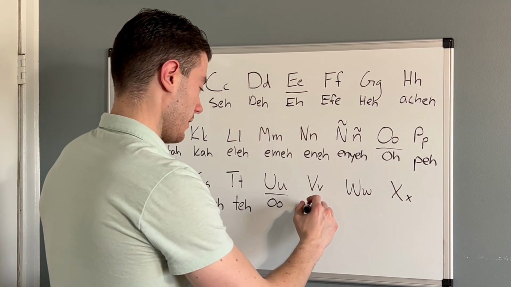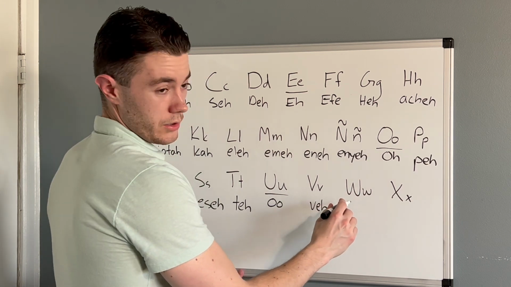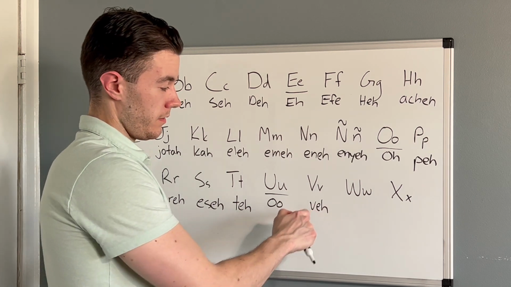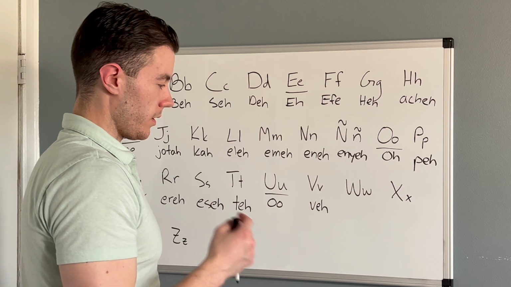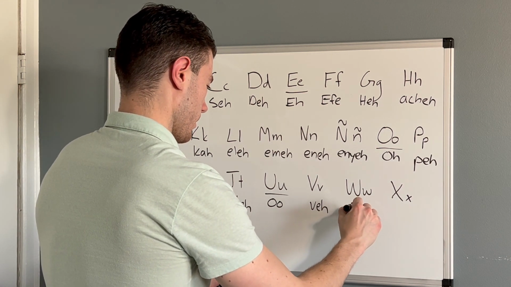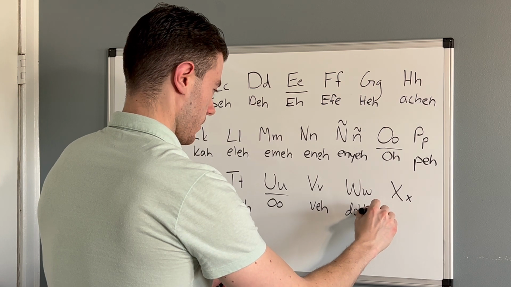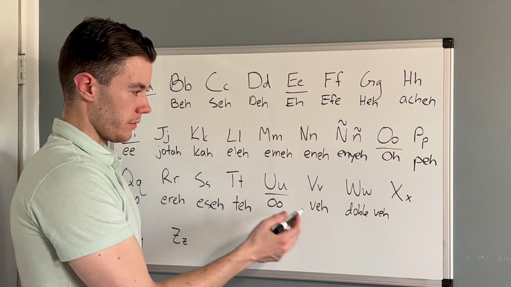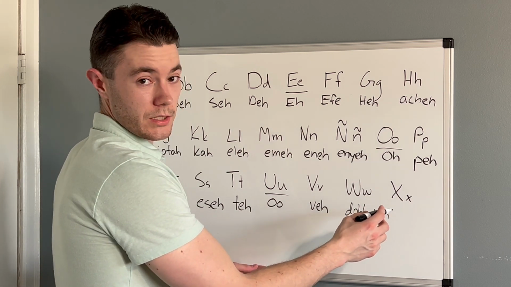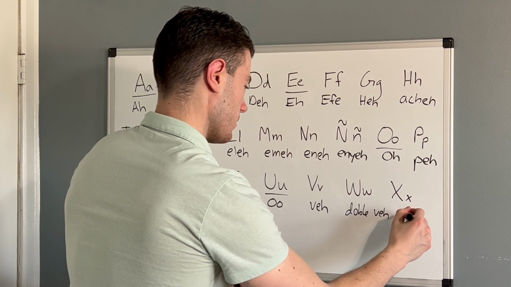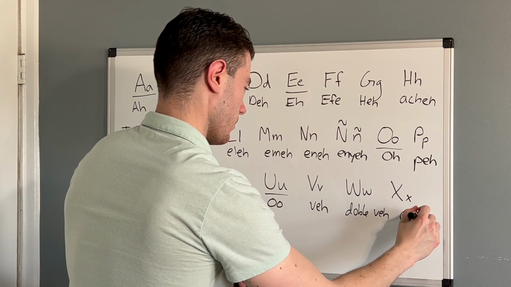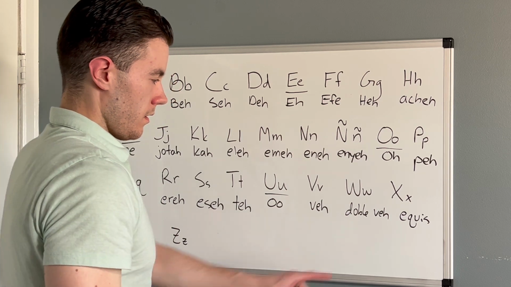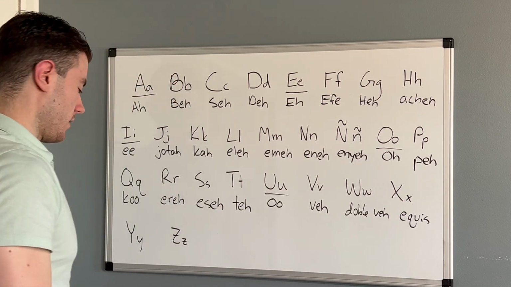English V, Spanish V. English W, Spanish doble U, or W. Doble means double. Double V, W, same as in English. W, doble U. English X, Spanish X. So phonetically it's like this, X, letra X.